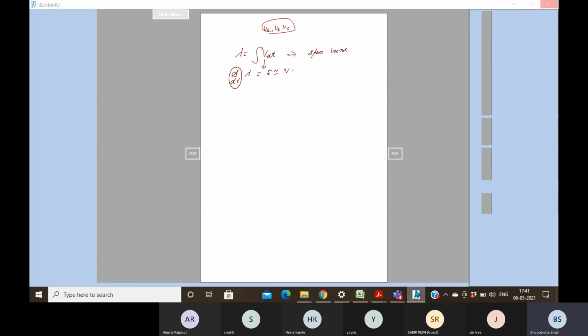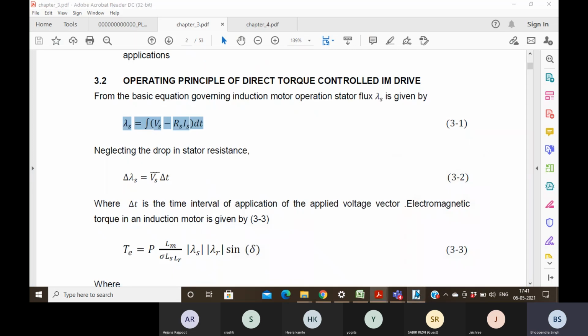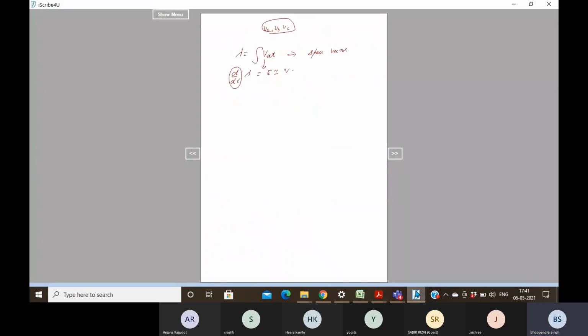Okay, leave it. So you are right. It is multiplication of S. So S into the stator flux vector lambda S is equal to V. Right. This S is rate of change. In discrete form, इसका मतलब क्या होता है?